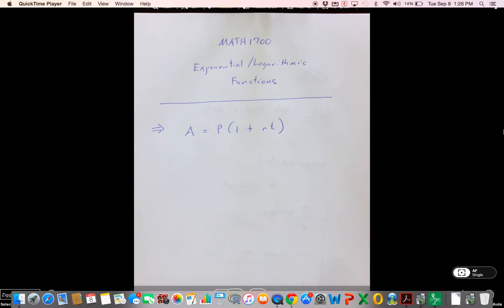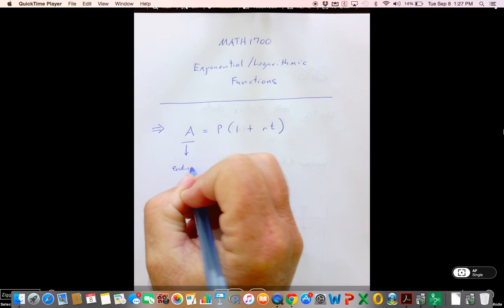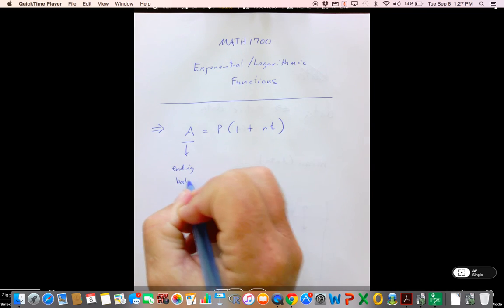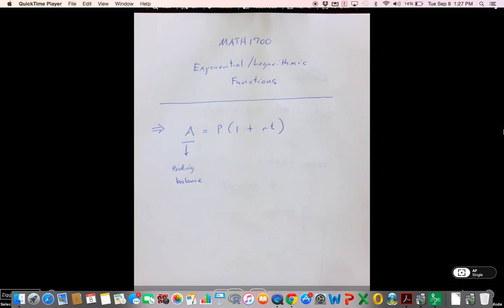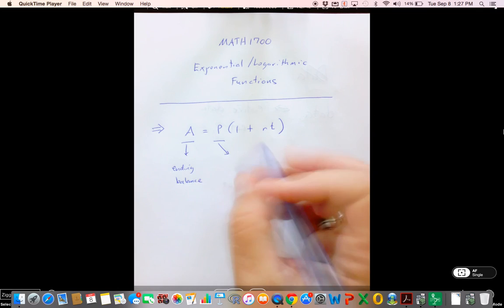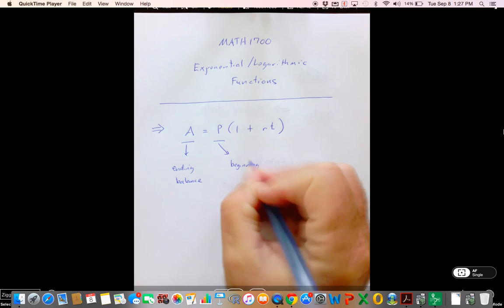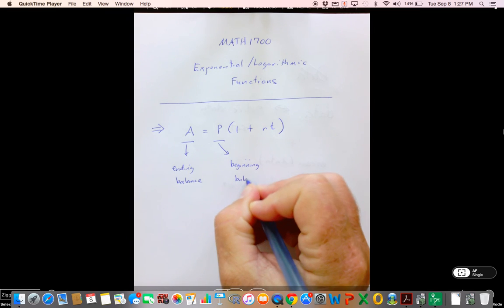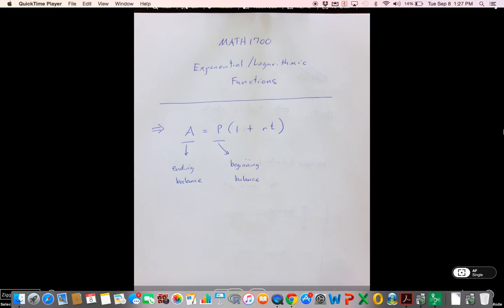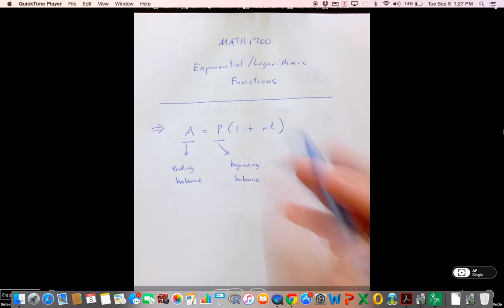this relationship, which says that the ending balance, so get used to A being ending balance, can be calculated by taking the beginning balance times the quantity of 1 plus r.